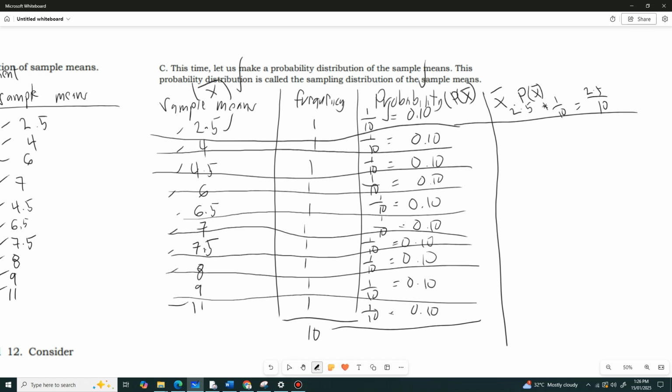And then for the next row, this is 4 times 1 over 10, so this will give us 4 over 10. We will do this for the rest of the rows.